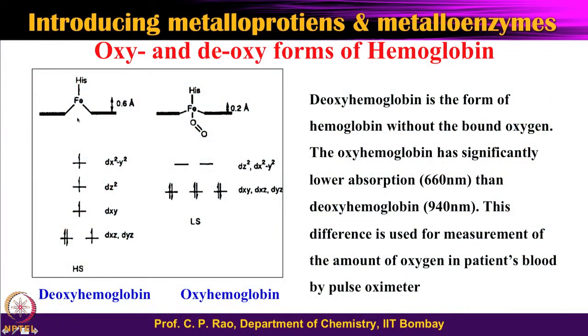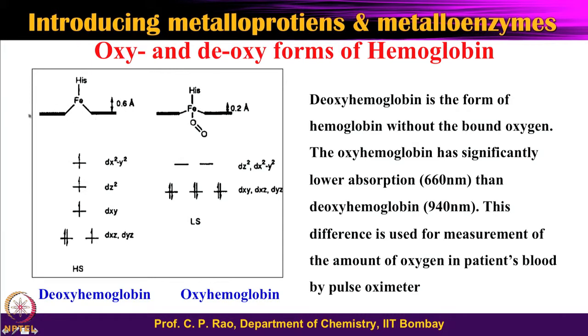Now, for a while let us focus on two aspects. One is the no oxygen bound case, the other is the oxygen bound case. It is called the deoxy form and the oxy form. The left side is the deoxy form, the right side is the oxy form, and take this thick line as the perpendicular view of the porphyrin.